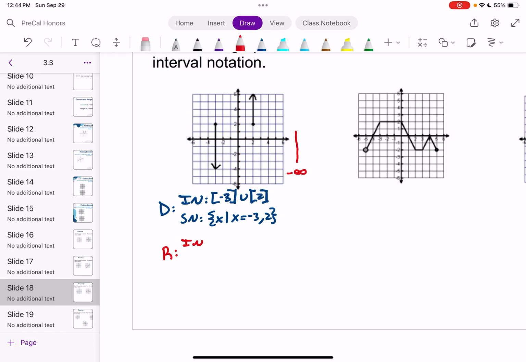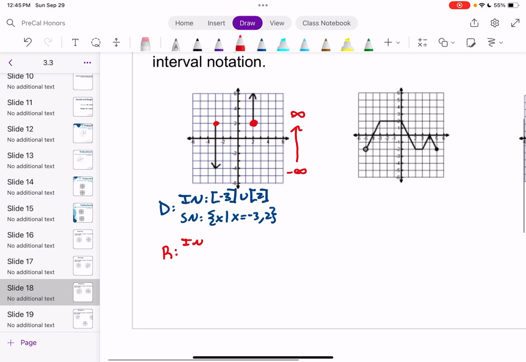We are going up, and because we are hitting solid dots here, it is still including the 2 value all the way up to a positive infinity. So interval notation would be -infinity to positive infinity. Set notation would be y such that y is equal to all real numbers.